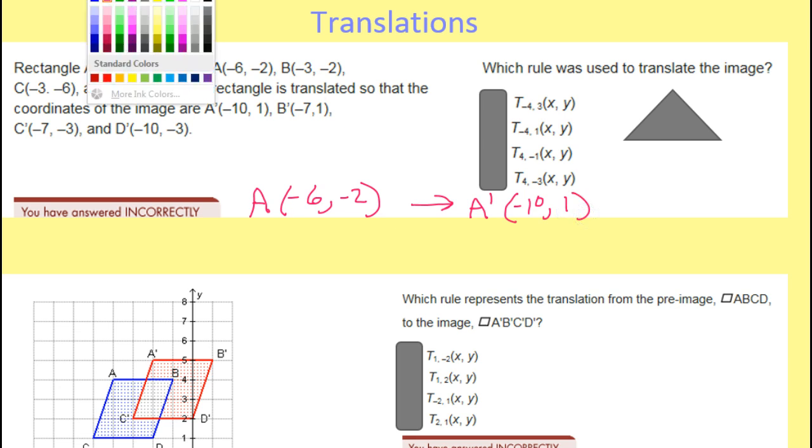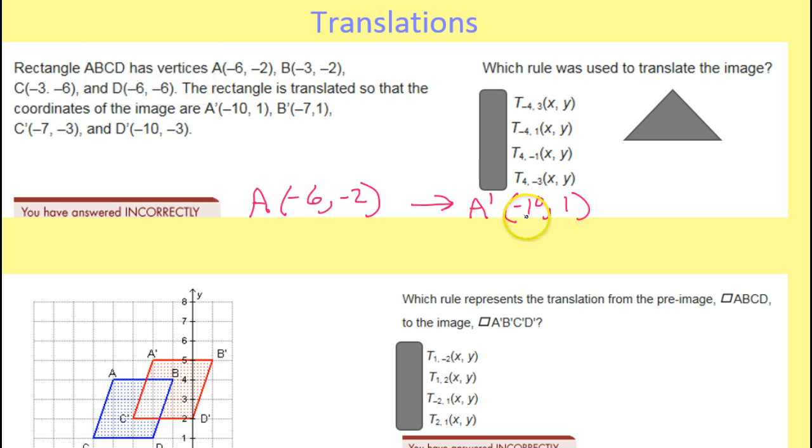Alright, so let's look at what happened to the x's and what happened to the y's. So the x went from -6 to -10. From -6 to -10 means it moved even more to the left than it was. So it started off at -6, and then it went to -7, -8, -9, -10, if you're picturing a number line.